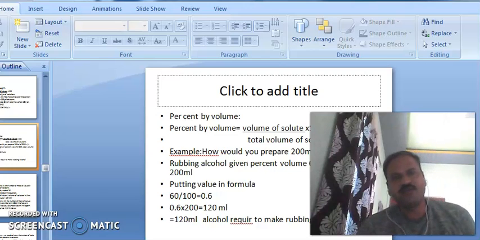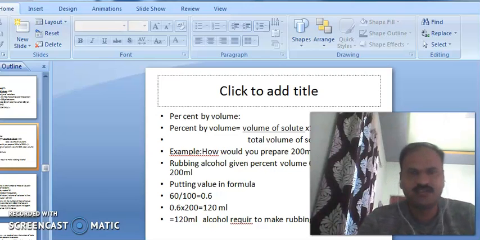How will you prepare 200 ml of 60% volume by volume rubbing alcohol? Given percent volume 60%, total volume is 200 ml. Putting values into the formula, 60 upon 100 is equal to 0.6. Therefore 0.6 into 200 is equal to 120 ml. Therefore 120 ml alcohol is required to make the rubbing alcohol.